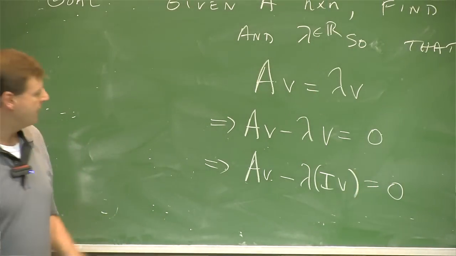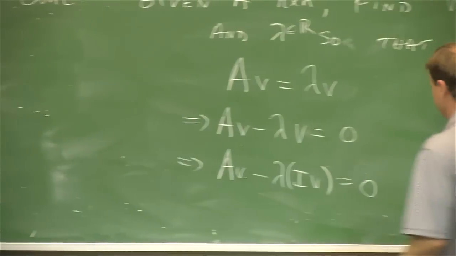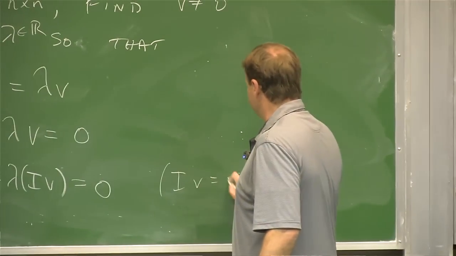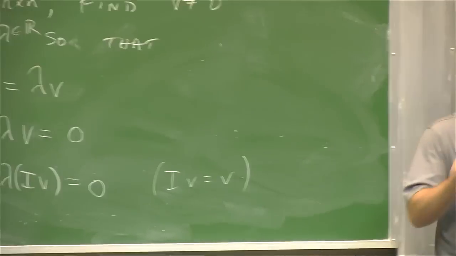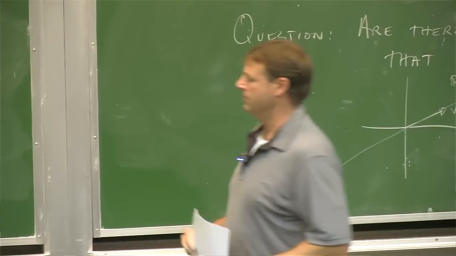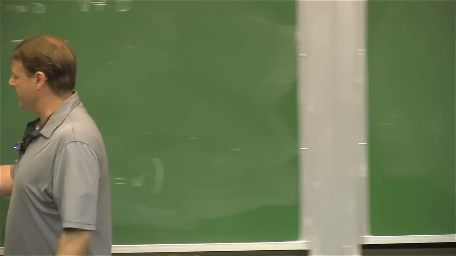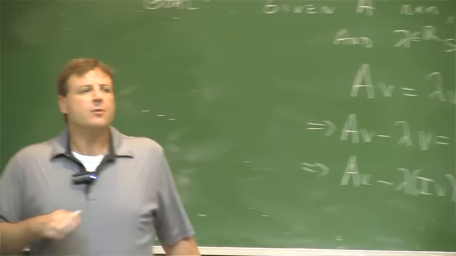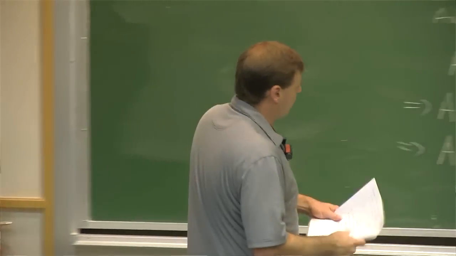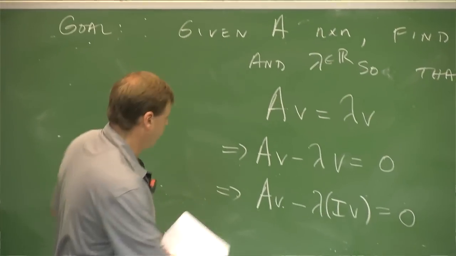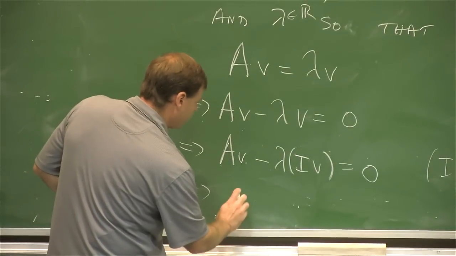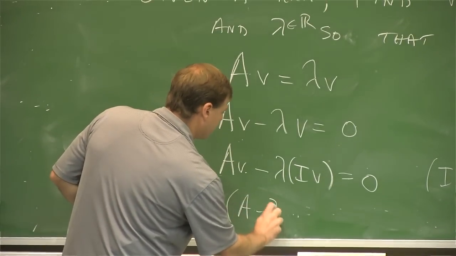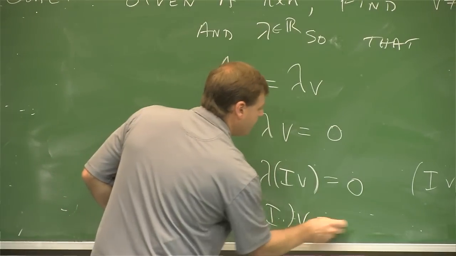Those are the same. And the justification for this step is I times v is equal to v. I is the identity. It acts like 1 in the matrix world. And we've seen this little trick before, the reason I did that is because I want to factor things out. I want to factor this v out. So let's do that. This implies that I have A minus lambda I times v equals 0.